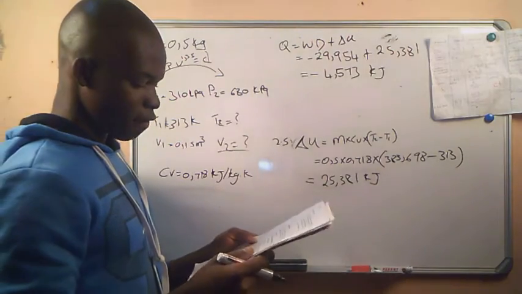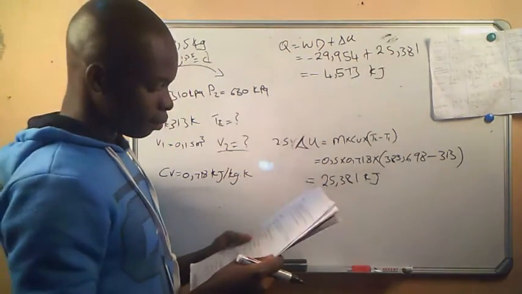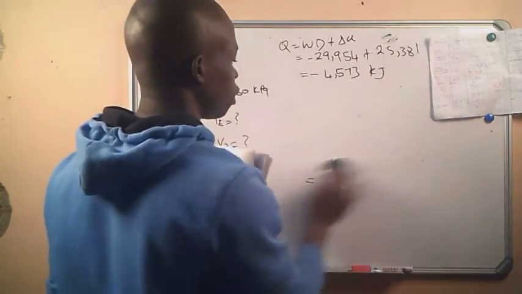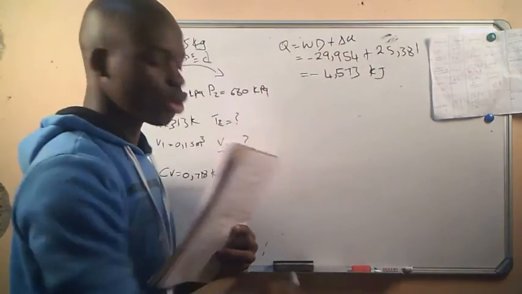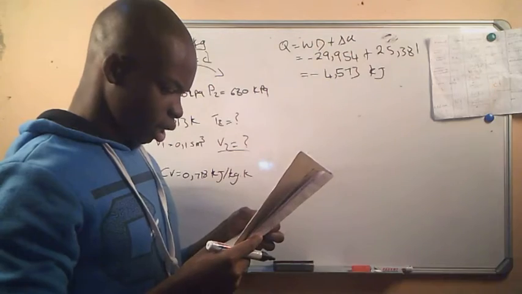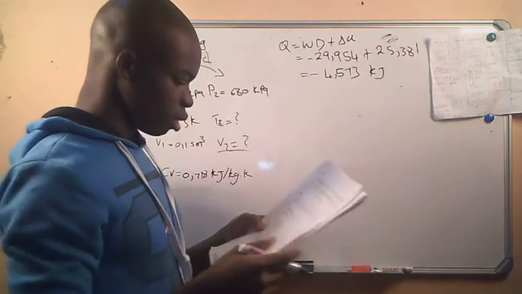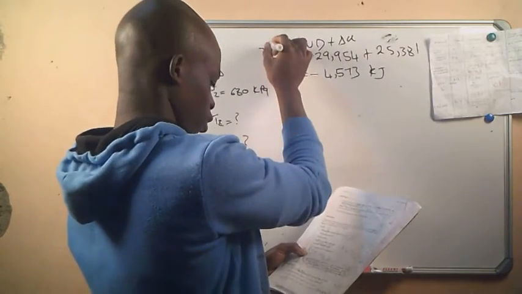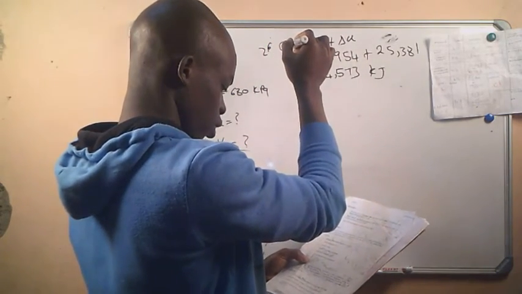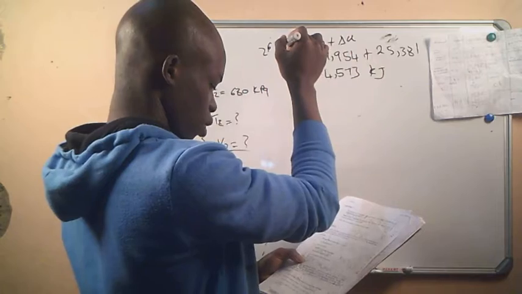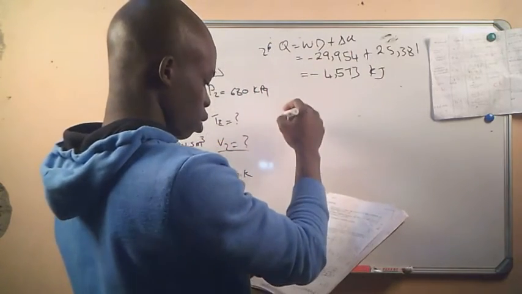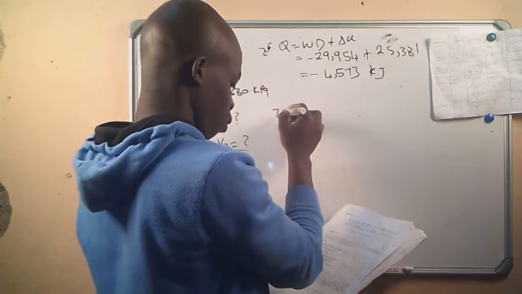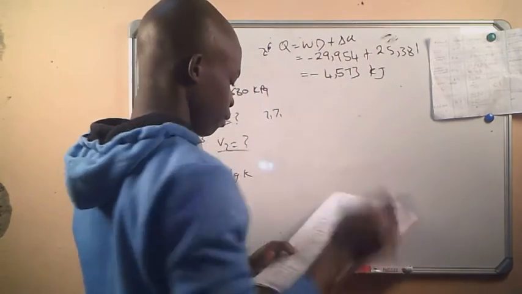Then we have our last question that requires us to calculate the change in entropy. Question 2.7. This is 2.6, change in internal energy, that's Q. Now we have our 2.7.